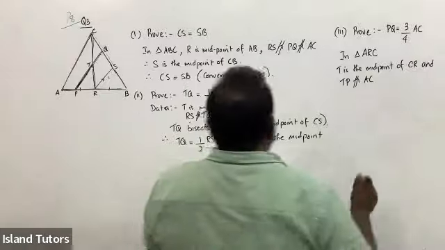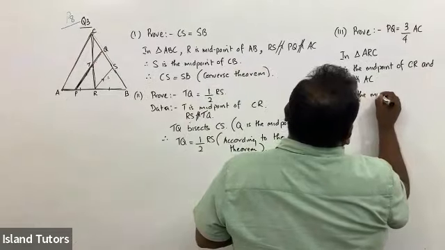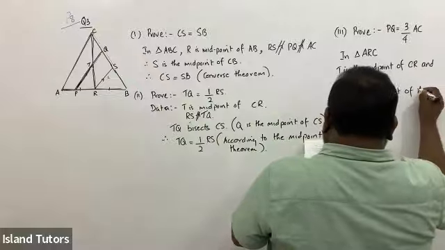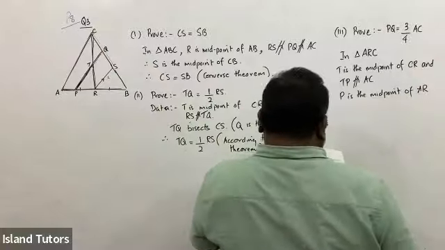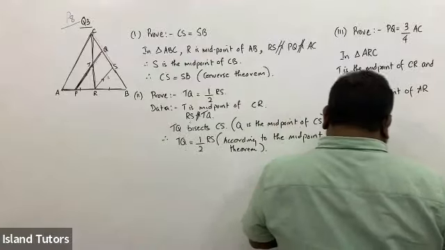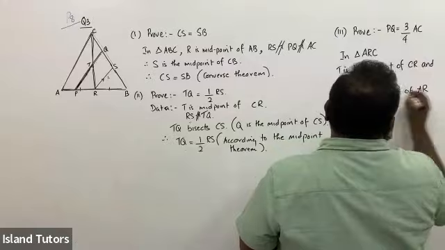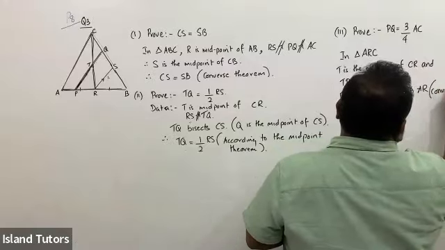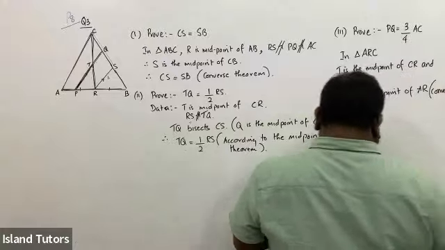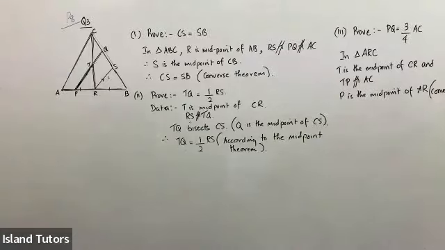Right? We know T is the midpoint of CR and TP is parallel to AC, and P is the midpoint of AR. P is the midpoint of AR, which is the converse theorem. Okay, right?